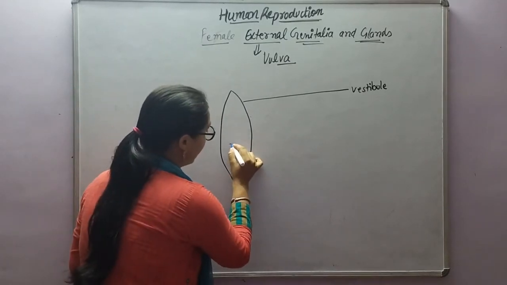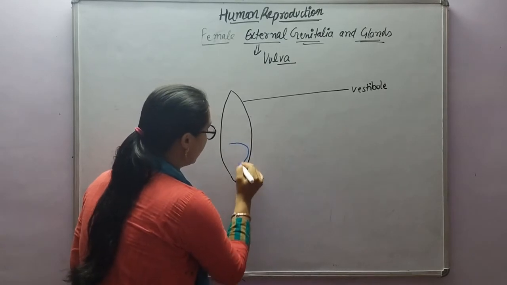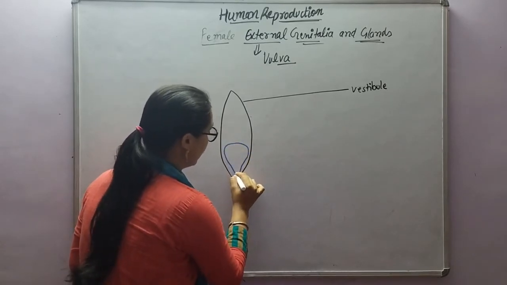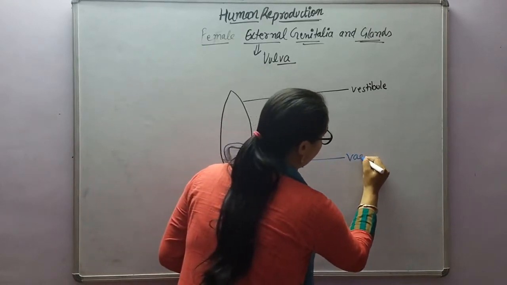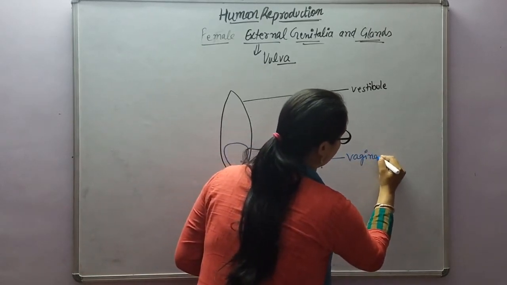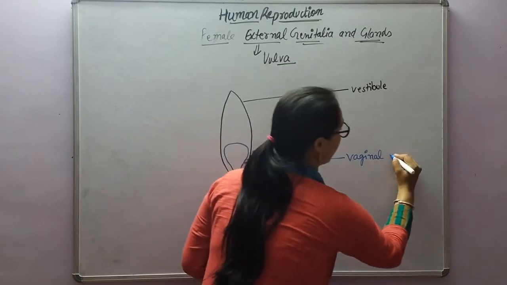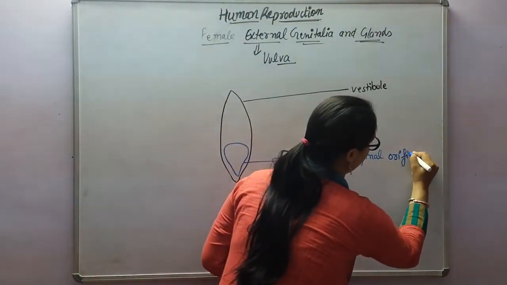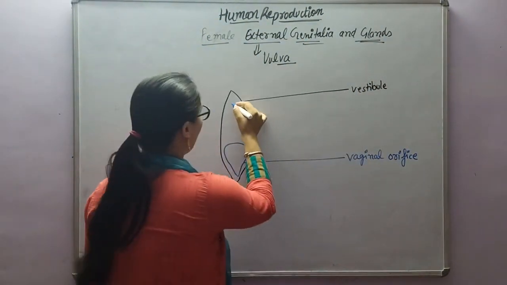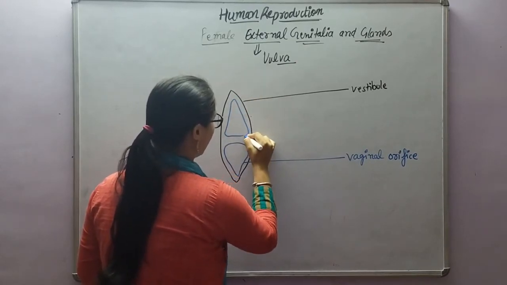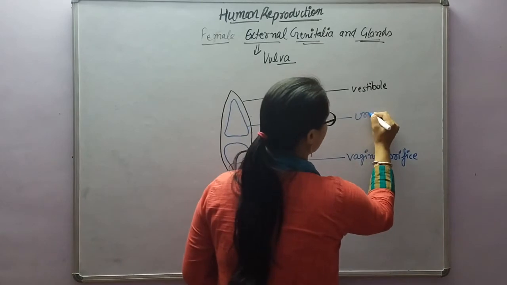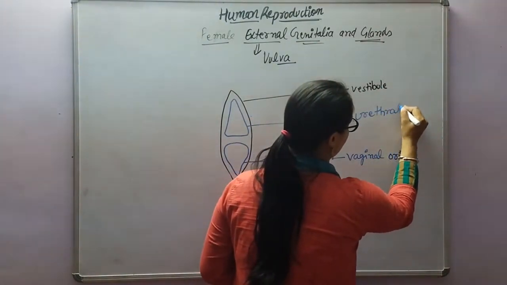This vestibule has two orifices. The lower one is the vaginal orifice, and another opening present here is the urethral orifice.